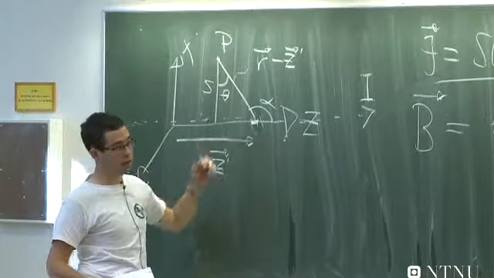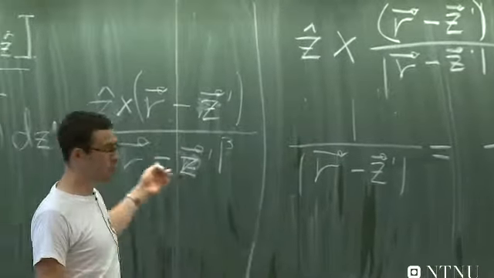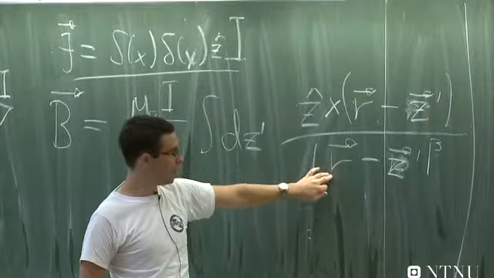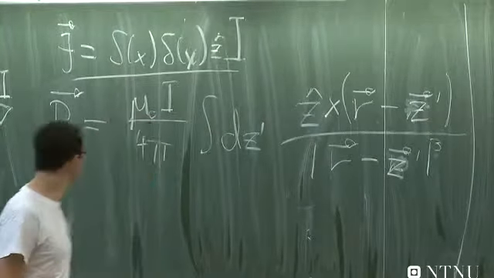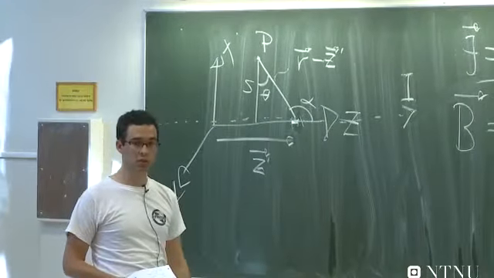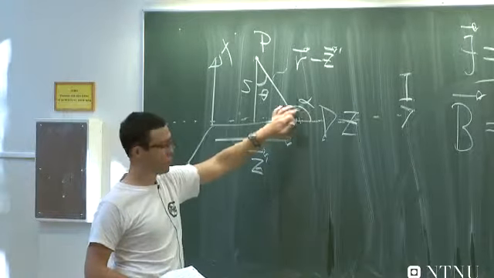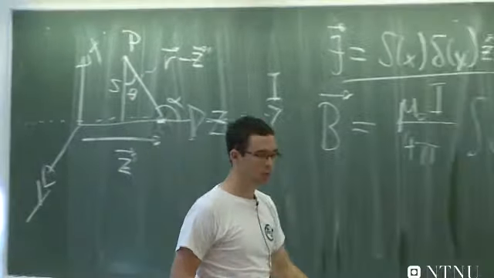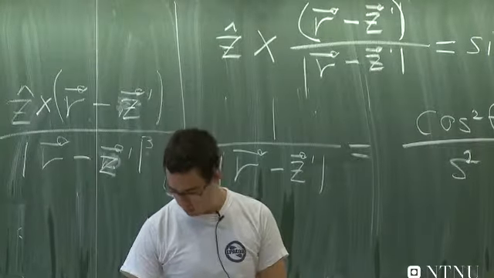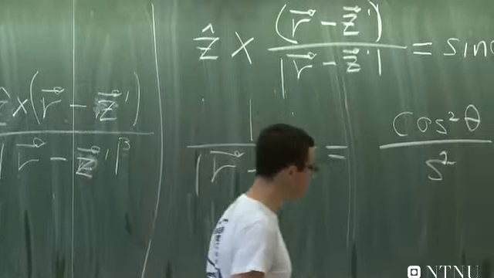Get the length of this line. And then if you insert this into this integral, you get sine of alpha and cosine of theta over s squared. You have to integrate over the angle in the end, but I think you can do that as an exercise. It should be quite straightforward. There's of course a connection between alpha and theta, but I'm pretty sure you can do that too. So that's homework for next lecture.